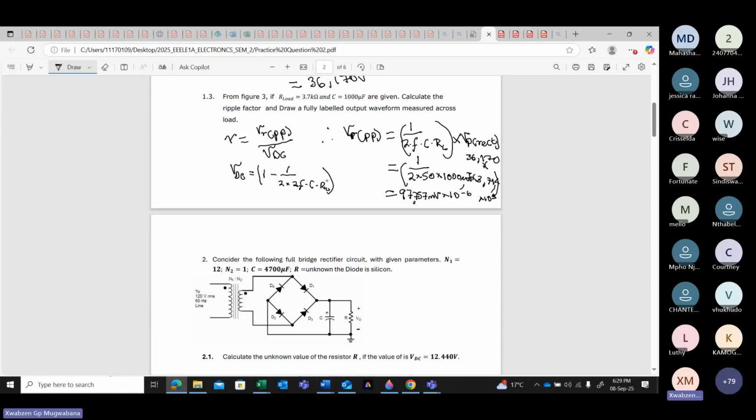All of these must be multiplied by your V peak rectifier. That is your VDC.